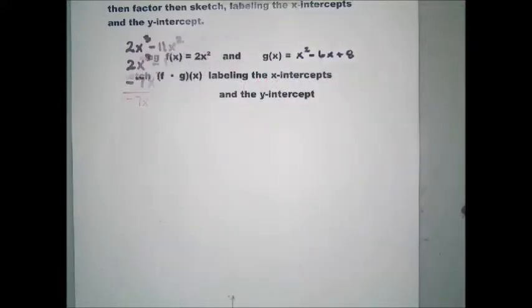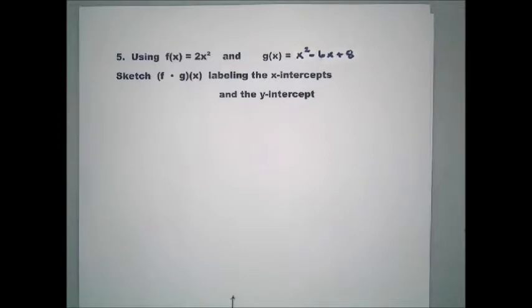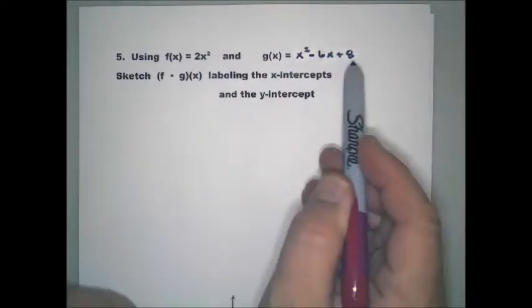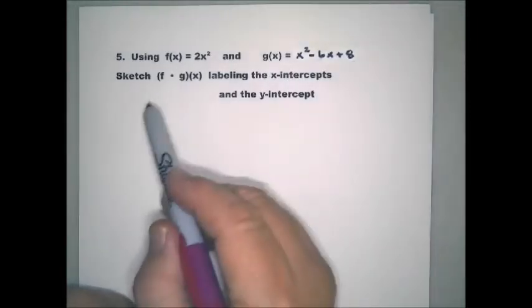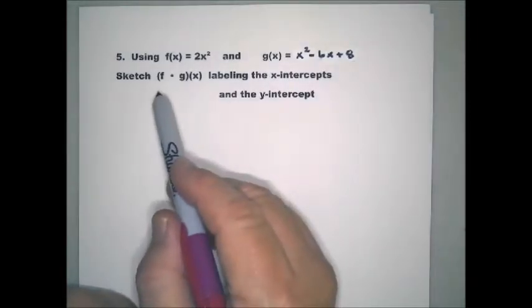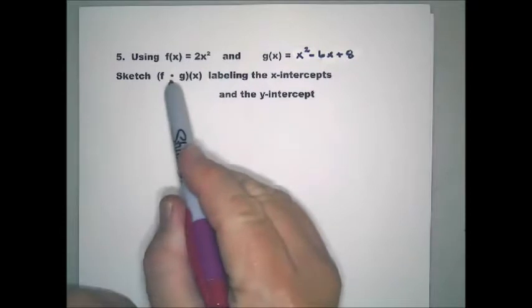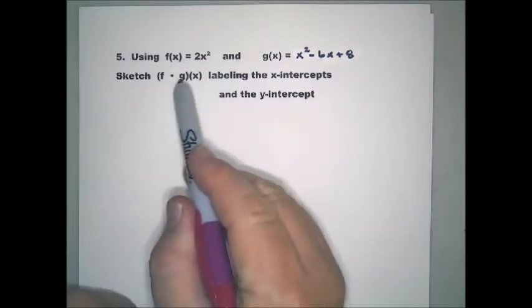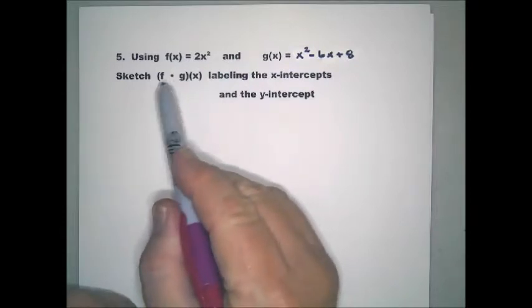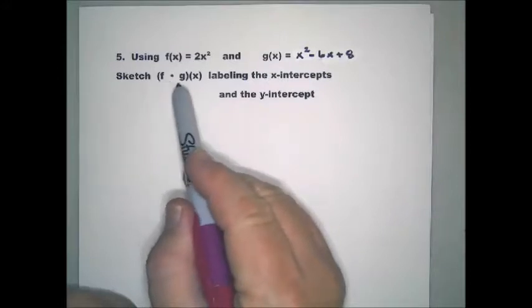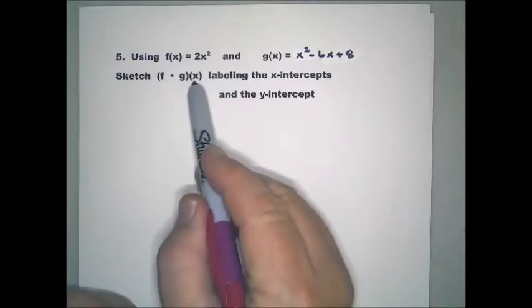We're using function notation in example 5 because some of your homework problems are using function notation. Now, f of x is defined and g of x is defined. The problem is asking for f of x times g of x. This is not f of g of x.